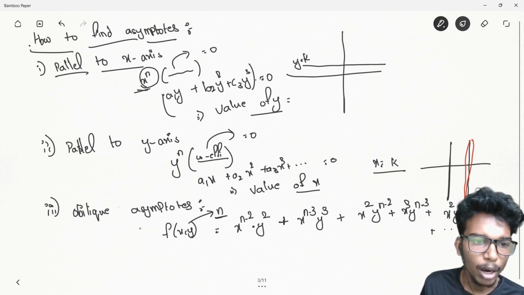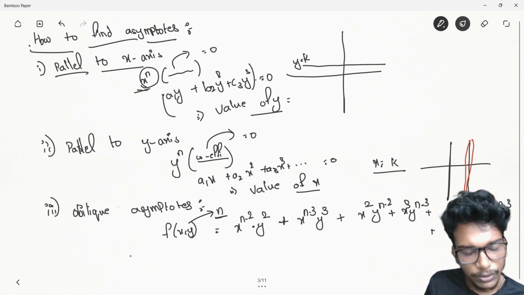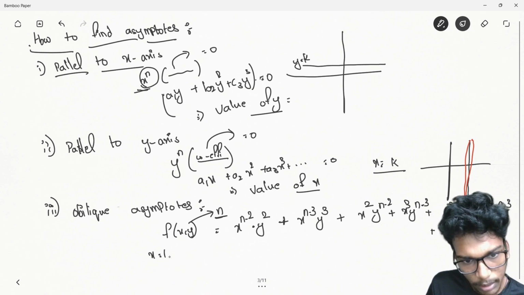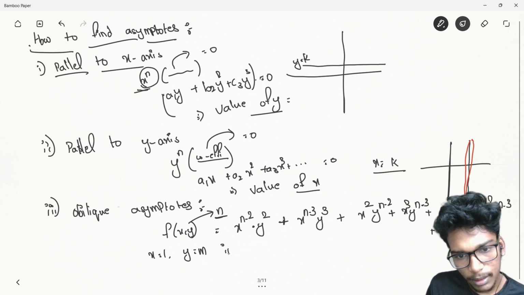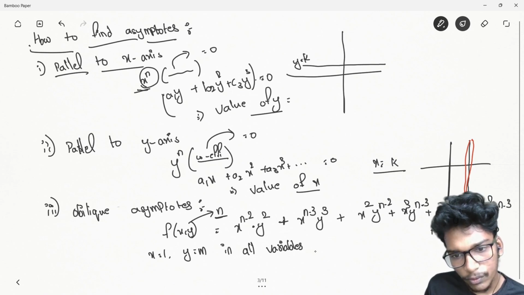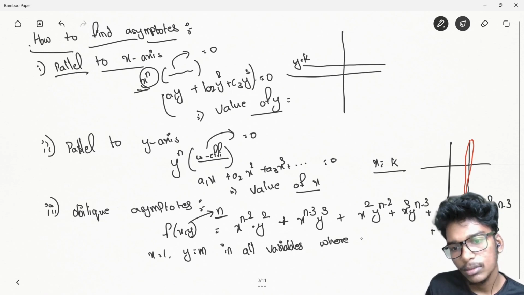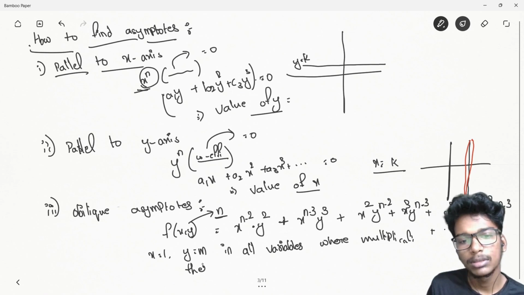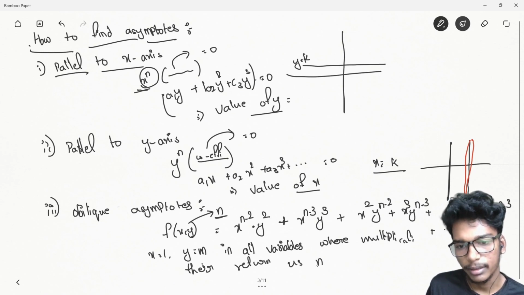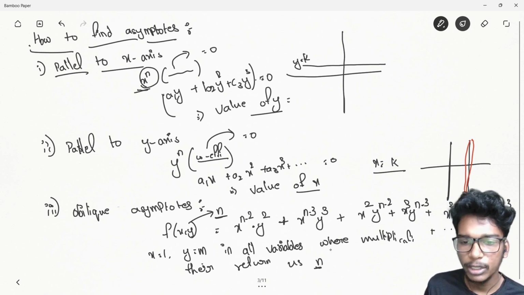To find oblique asymptotes, first we will take x equal to 1 and y equal to m in all the variables where the multiplication of their powers, written as n, means what we call the degree of the function.